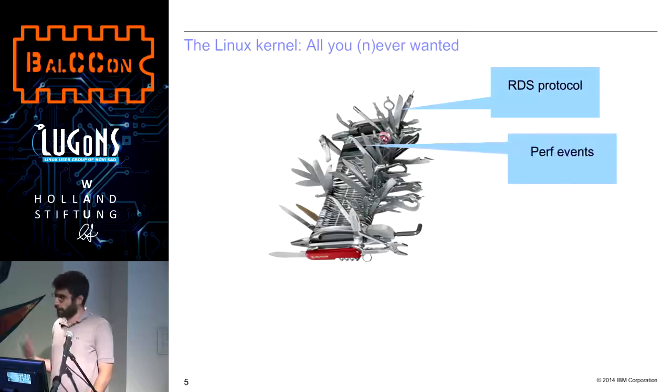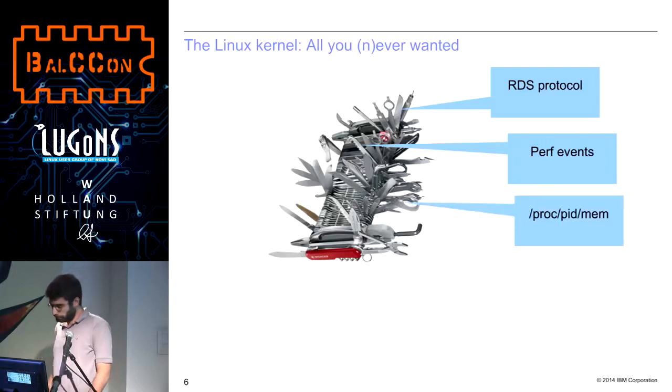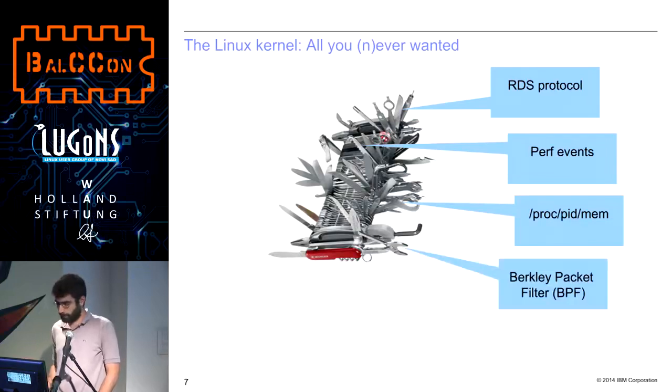There are other examples, such as the perf events framework. That's a very useful framework for performance monitoring of the Linux kernel. However, you might not need that in your production environment. Similarly, there's an alternative debugging interface, proc-pid-mem, which you might know of. The same thing goes for that as well. You might not need it in your production environment.